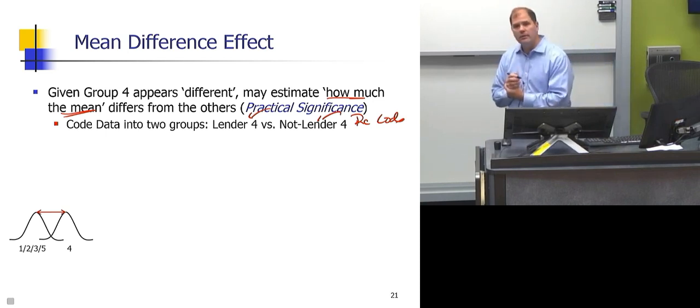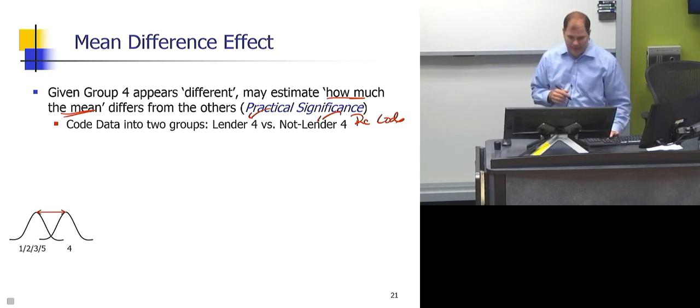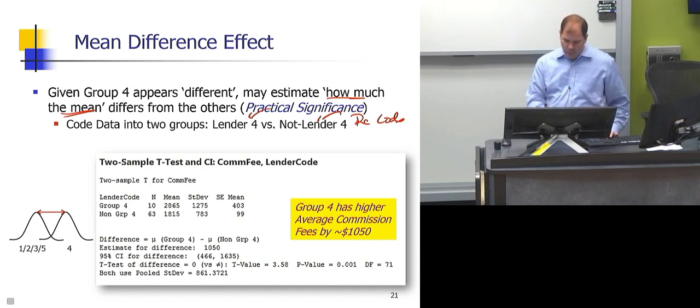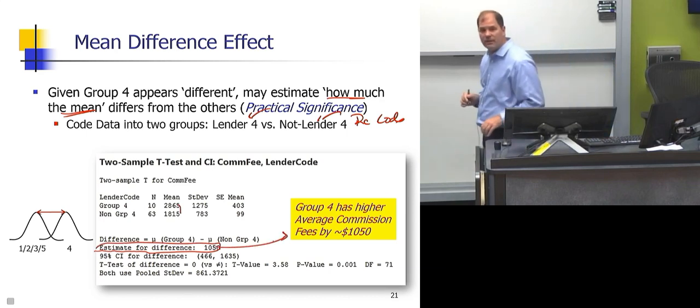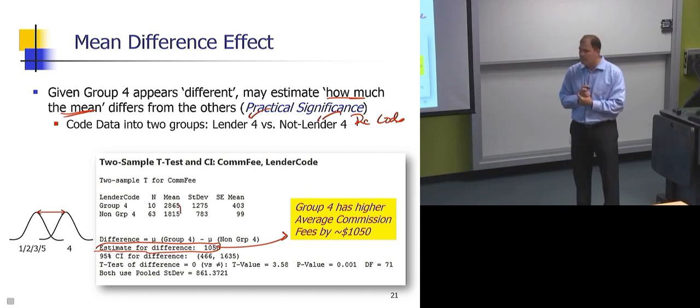Come up with a way to 0 and 1 or some type of binary indicator. And when we do this, we would find that group 4 has a mean difference of 1,050. That would be the difference versus the other groups.